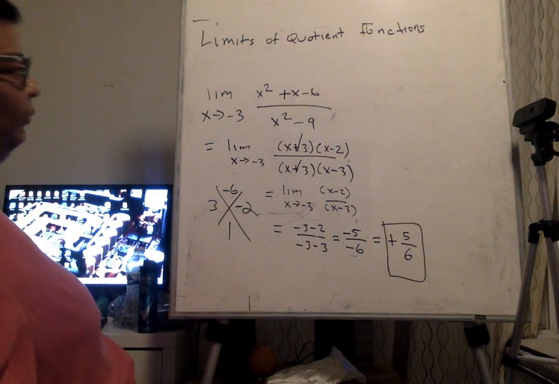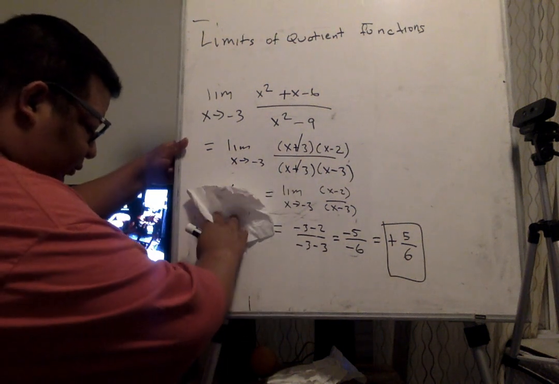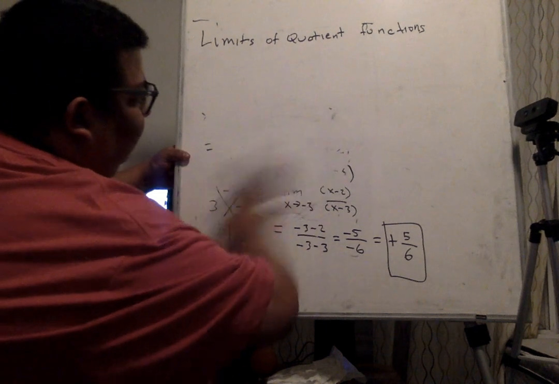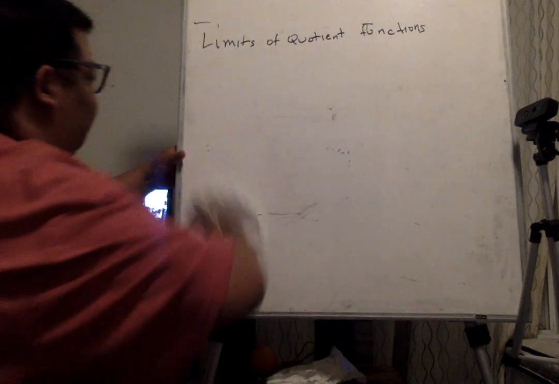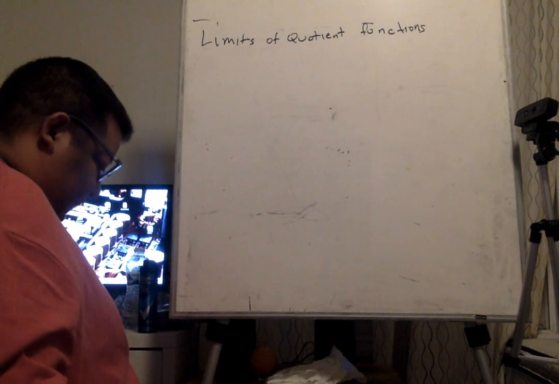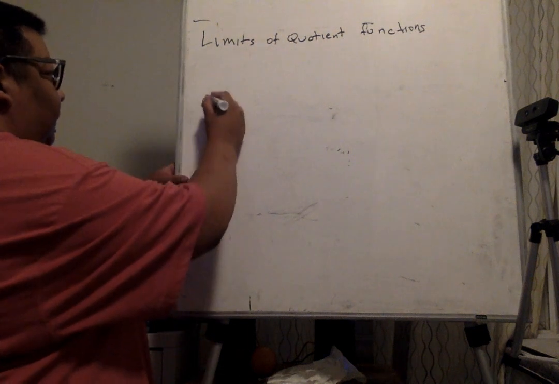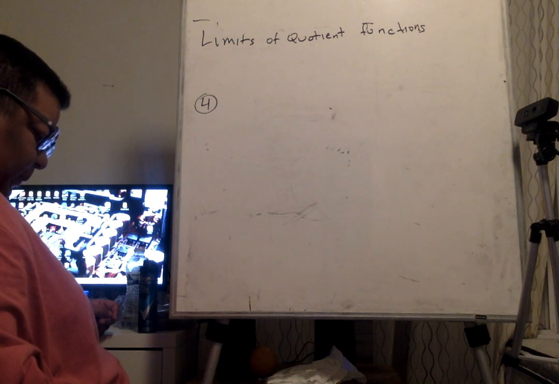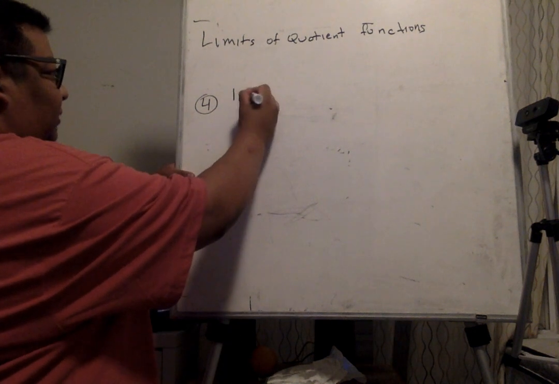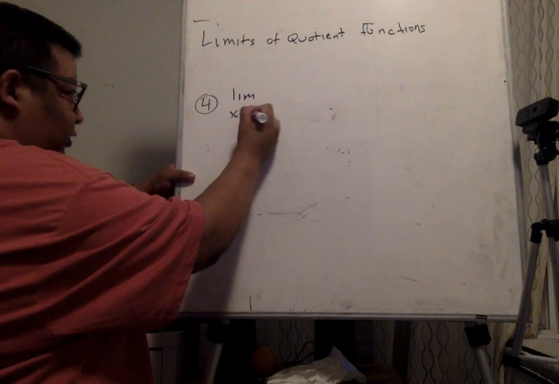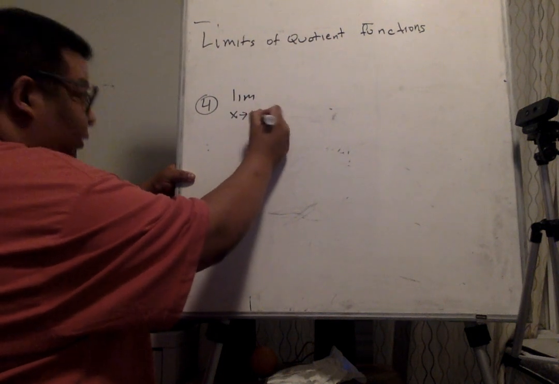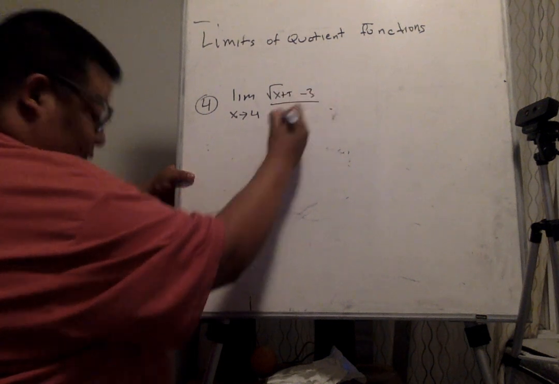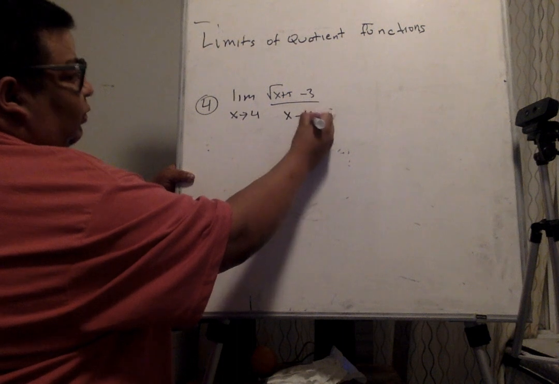Let's look at our final problem. Problem number 4. So this one says that the limit as x approaches 4 of square root of x plus 5 minus 3 over x minus 4.